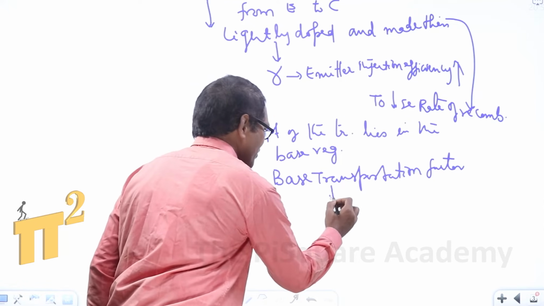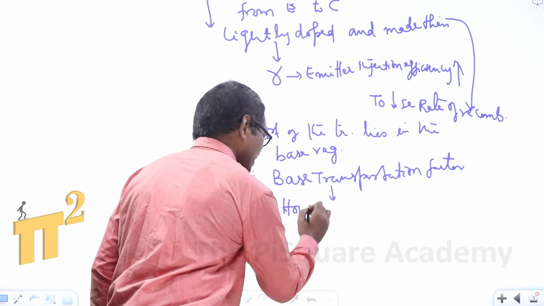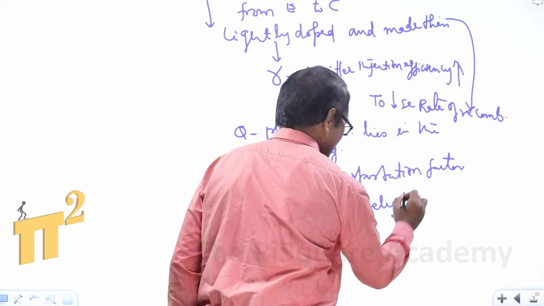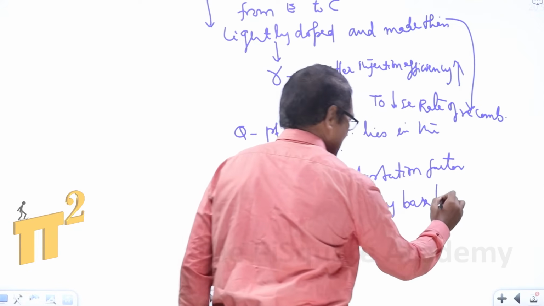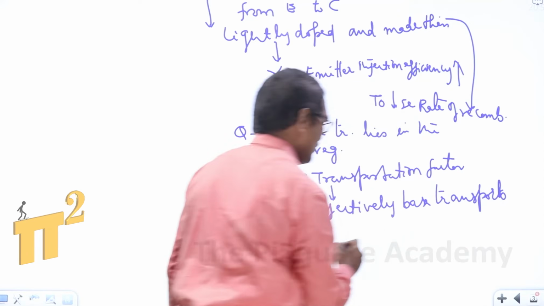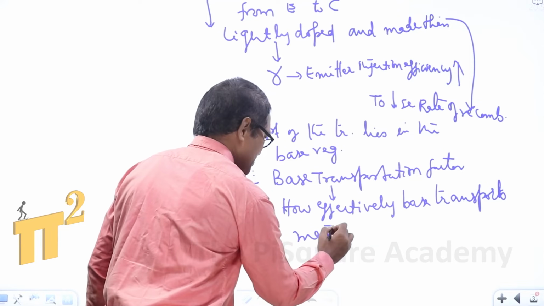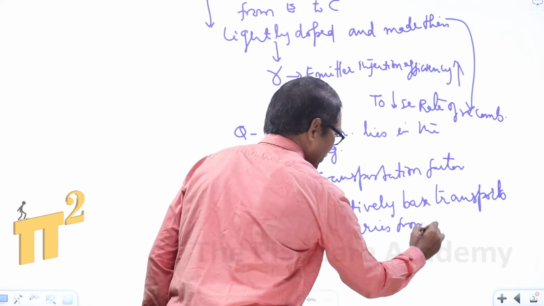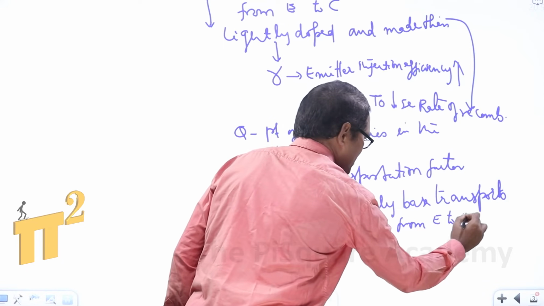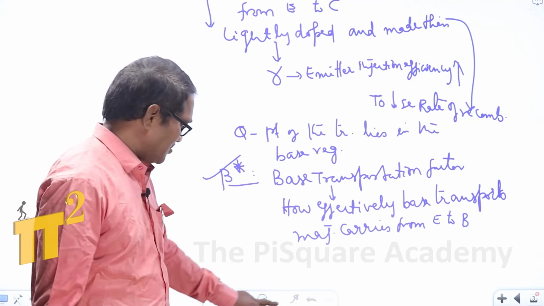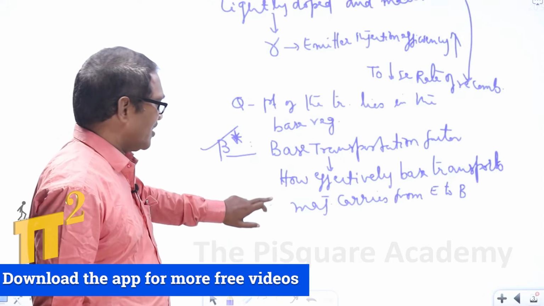I will write down here how effectively the base transports majority charge carriers from emitter to base, which is observed by the base transport factor. Have you understood this, right? So this is very important.